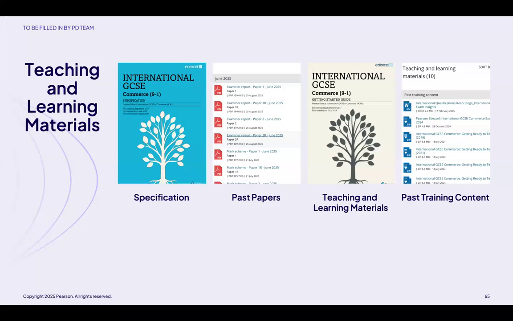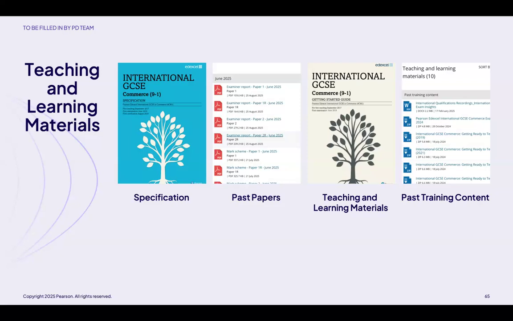Can I draw your attention to the third document along there also? The Getting Started Guide. Really an essential document, I think, to use if you are new to the qualification and you haven't seen that, if you're thinking about it.